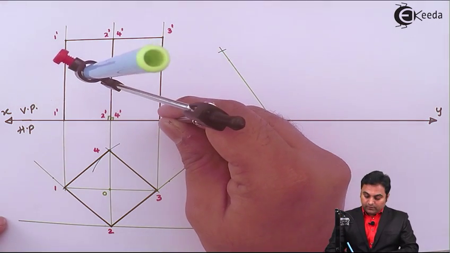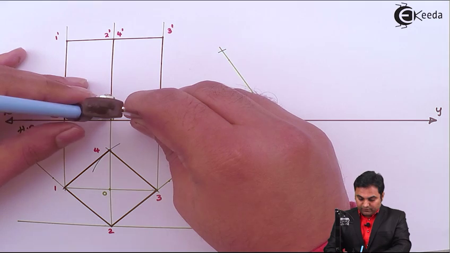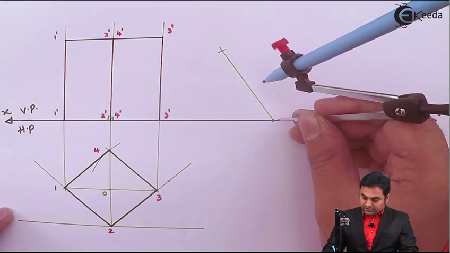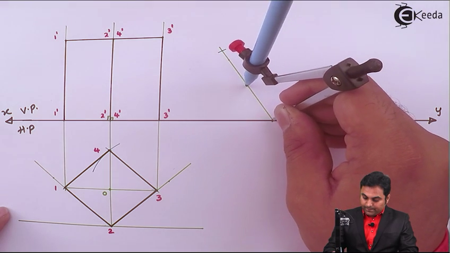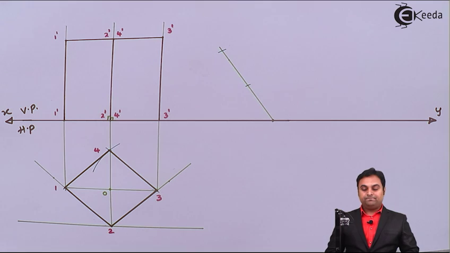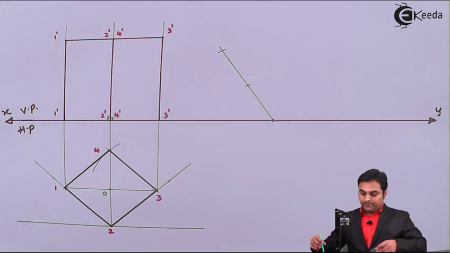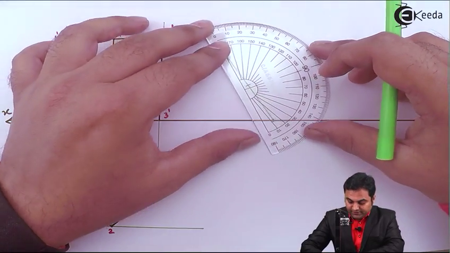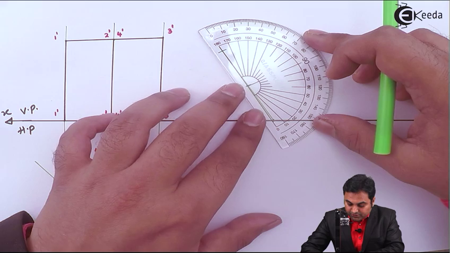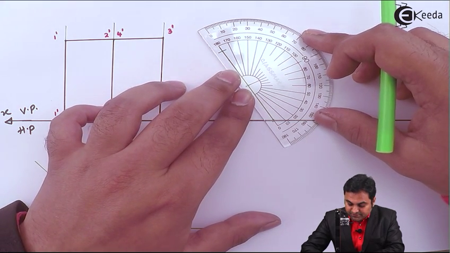Next, I'll take the half of this, that is the distance from 3 dash to 2 dash or 4 dash, they are on the same line. Next, after plotting this, I'll draw a 90-degree line, because here the base is perpendicular to the axis.